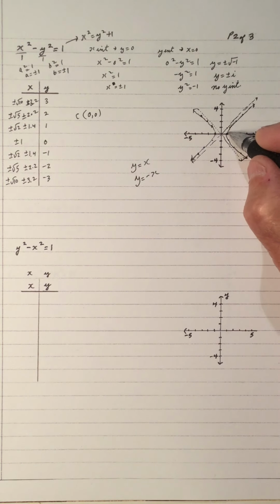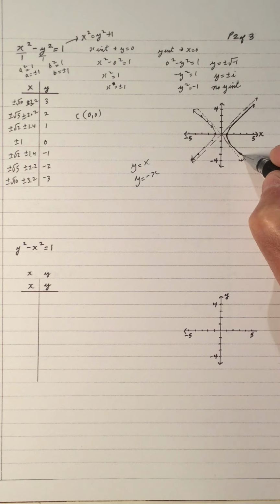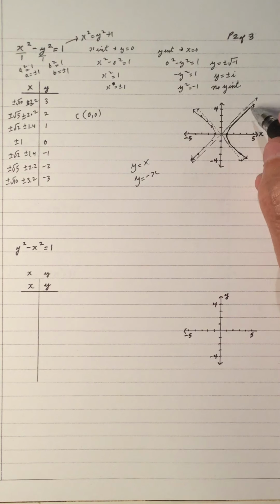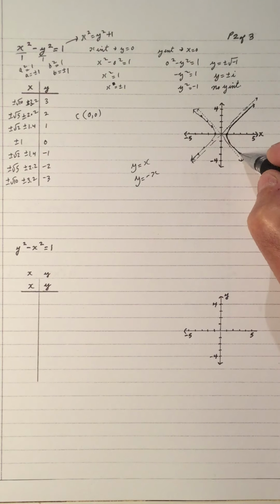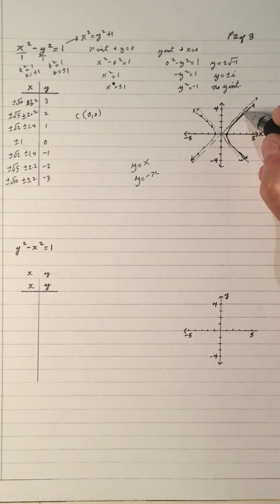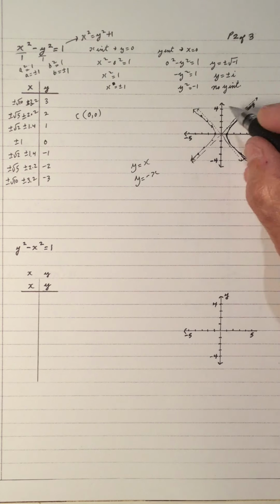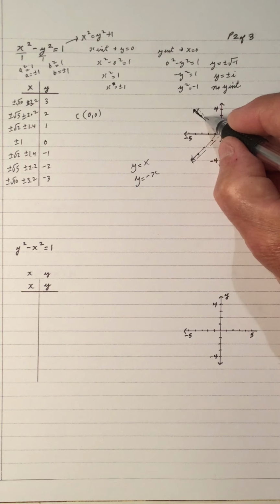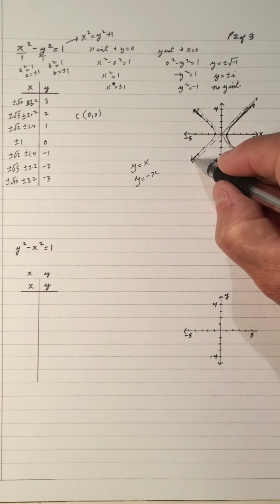The graph is solid, but these two asymptotes are broken lines. The graph will go on and on and get closer and closer to the asymptote, but it won't touch. It just gets closer.